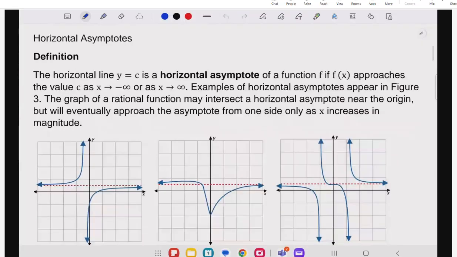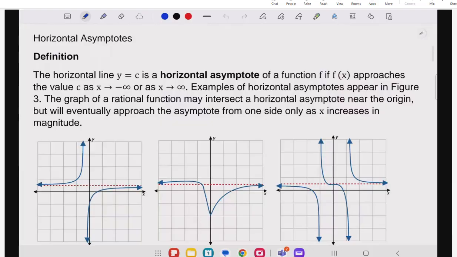Horizontal asymptotes. The horizontal line y equals c is a horizontal asymptote of a function f if f of x approaches the value c as x goes to negative infinity or as x goes to positive infinity. Examples of horizontal asymptotes appear in the figures below.